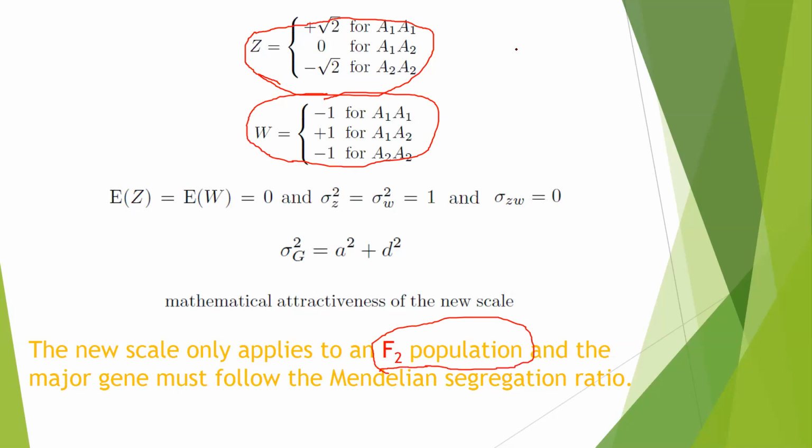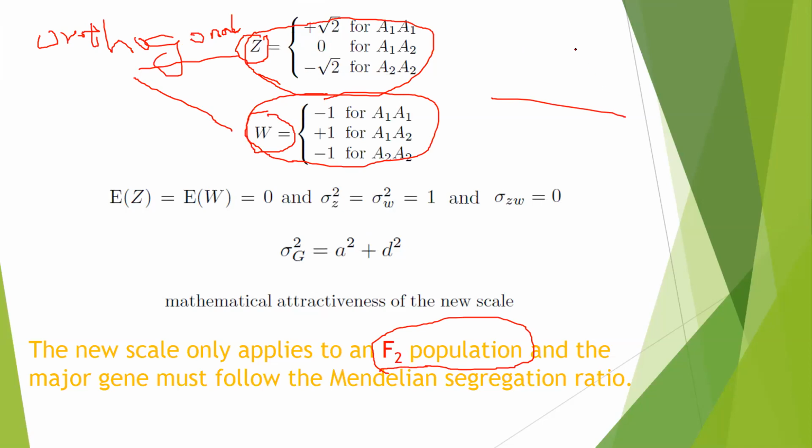we want to construct the z variable and the w variable in a way that these two are orthogonal. Orthogonal is another term, which means they are independent from each other.